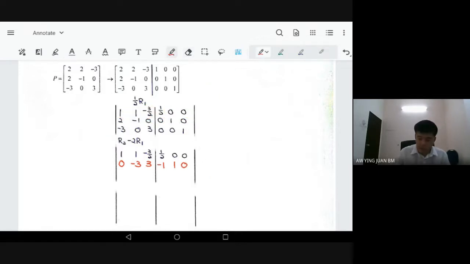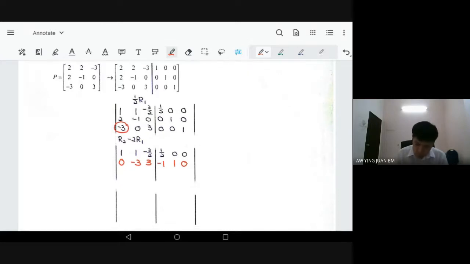Next, what we have to do is to make sure the row 3 becomes 0. So name the situation. We have row 3 plus K. Do remember the negative 3 is located in the first column, so we must refer to row 1.